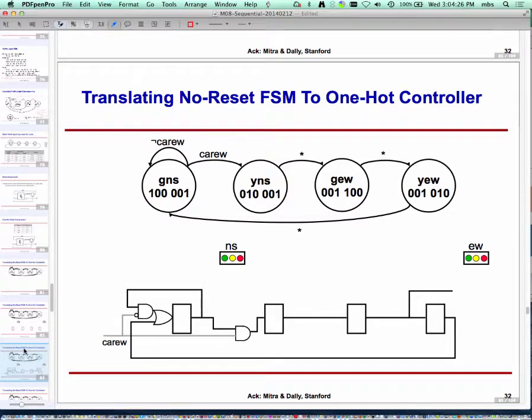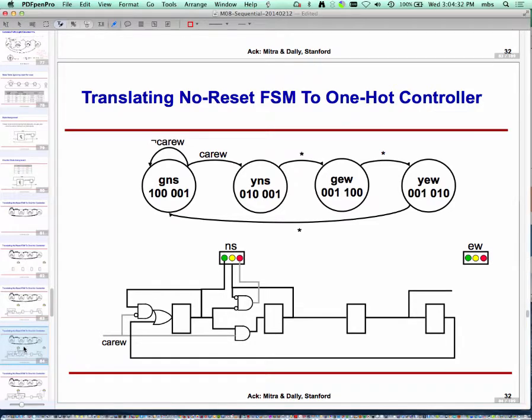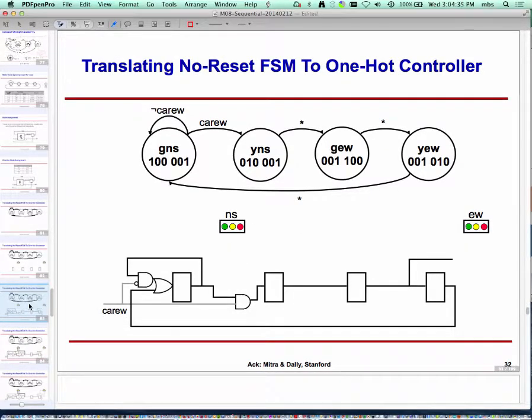This is what the state transition circuit looks like. So let me walk through this. Let's look at firstly this edge.